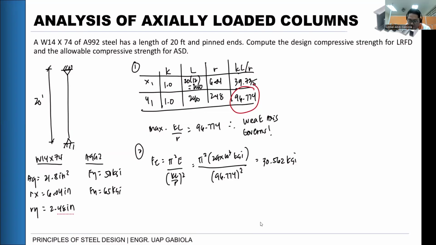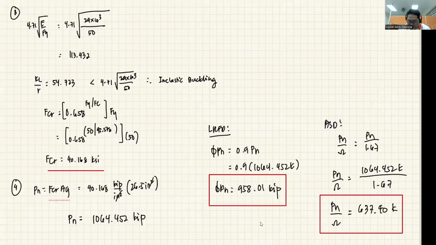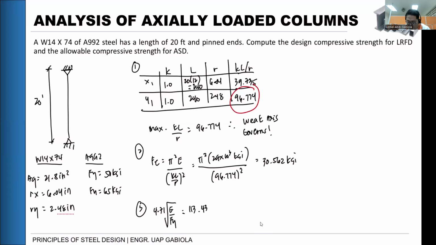Okay? And for number 3, yung 4.71 square root of E over Fy, hindi mababago yan kung hindi mababago yung value ng Fy. So that is always 113.432. Okay? So ang mangyayari, less than pa din tayo or greater than pa din siya dun sa KL over r natin.